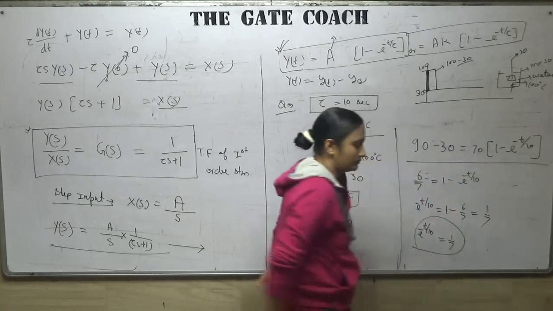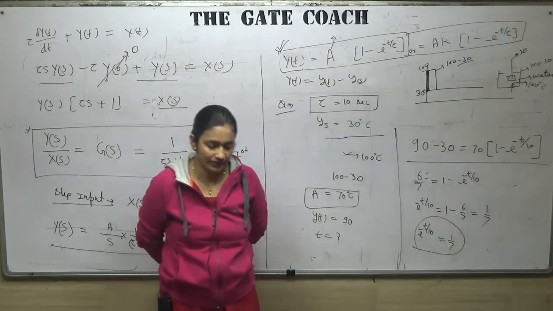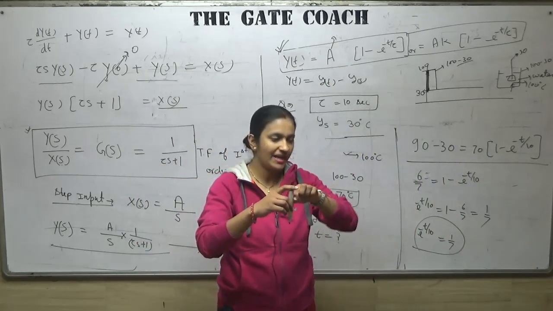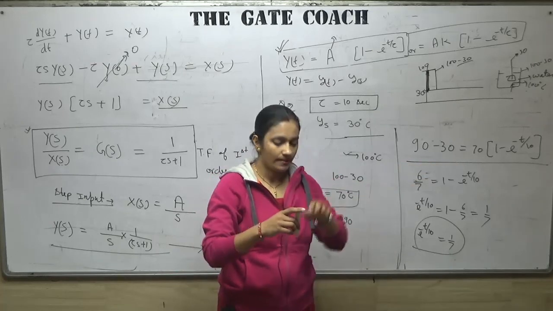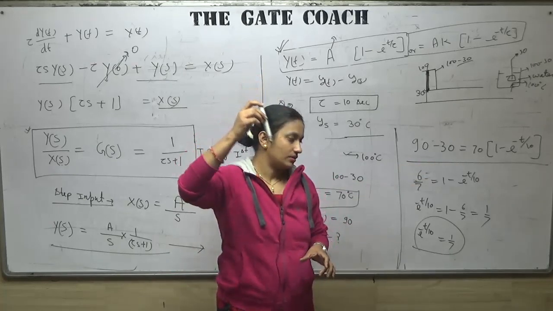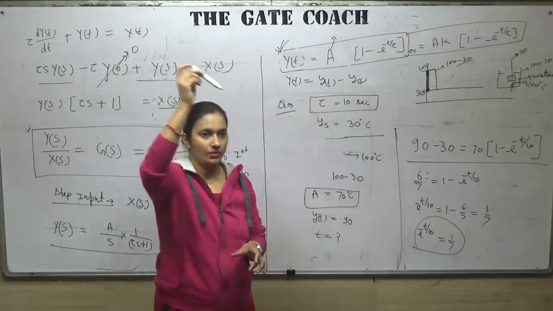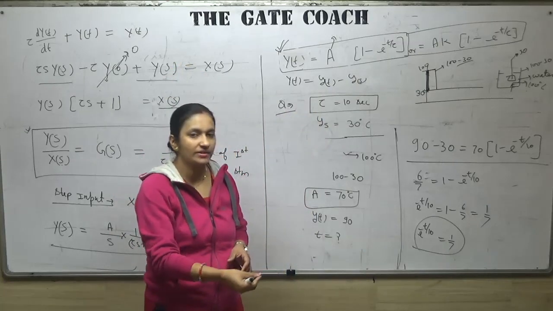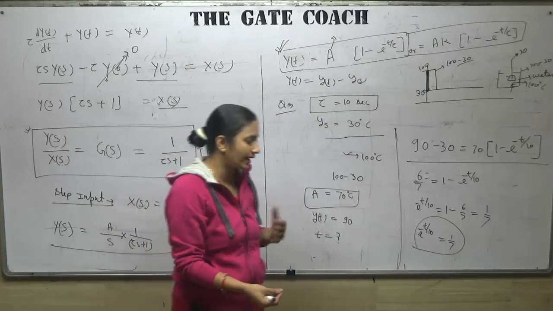Understand, what is a step function? In a step function, we have given a certain reading and it remains there. Impulse is where we put it there and take it out, just dipping and taking it out, or like injecting something into the reactor for a fraction of a second.